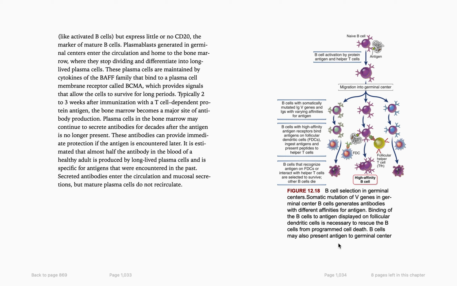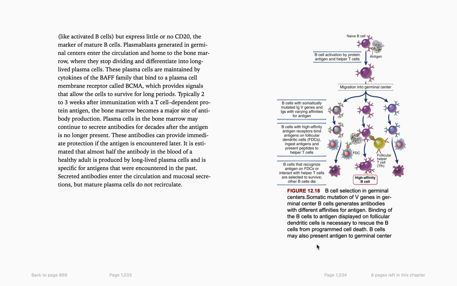So let's see the diagrammatic presentation. B cell selection in the germinal center: somatic mutation of V genes, germinal center B cells generate antibodies with different affinity for antigen. The binding of B cell to antigen displayed on follicular dendritic cells is necessary to rescue the B cell from programmed cell death.